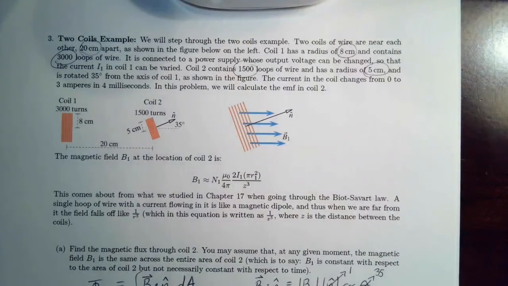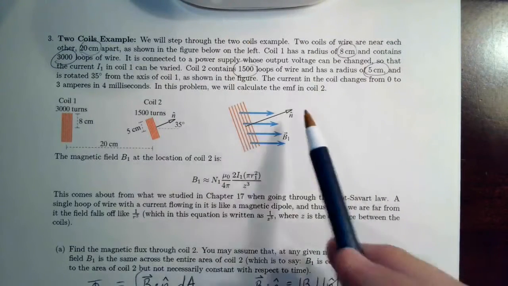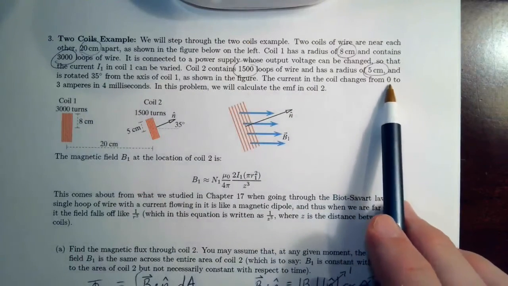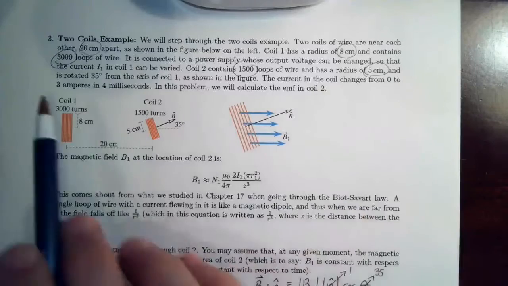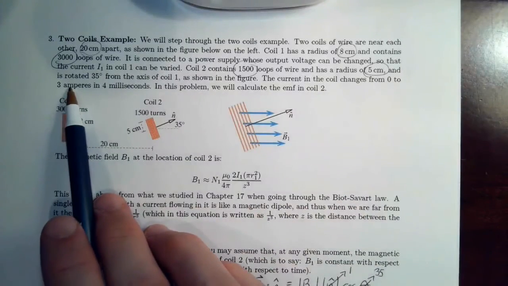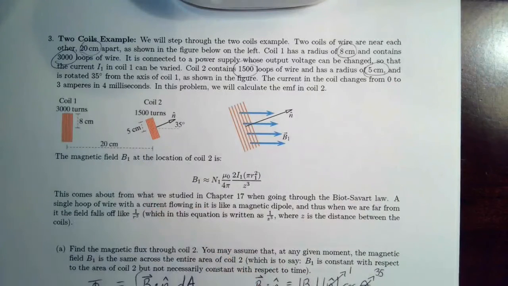Oh, and I just realized that I probably dropped that cosine 35 at some point, so I'll go and fix that. And then here the current changes from 0 to 3. Okay, so now that gives us delta I1, and it happens in 4 milliseconds.